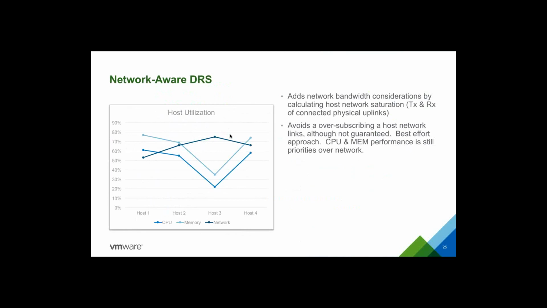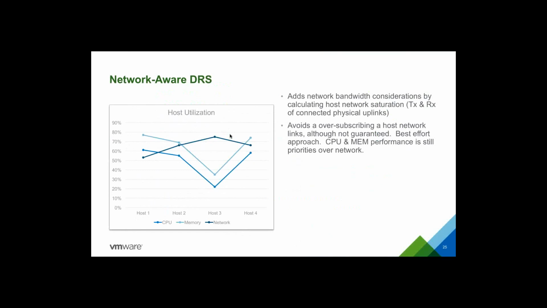So we're just trying to not oversubscribe the links and make better placement decisions for DRS. So it's not network DRS where it's balancing virtual machines strictly based on network load. It's still using CPU and memory, but it's one additional check that it does in its workflow when doing placement decisions.